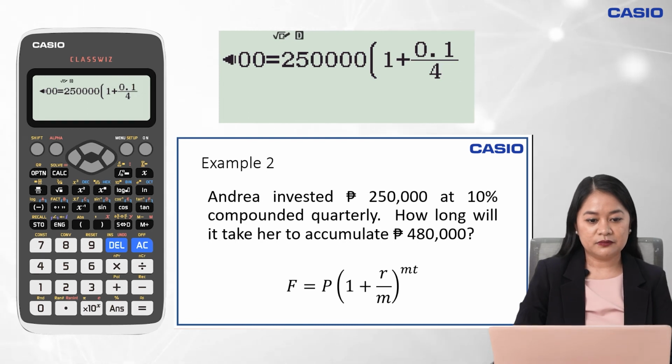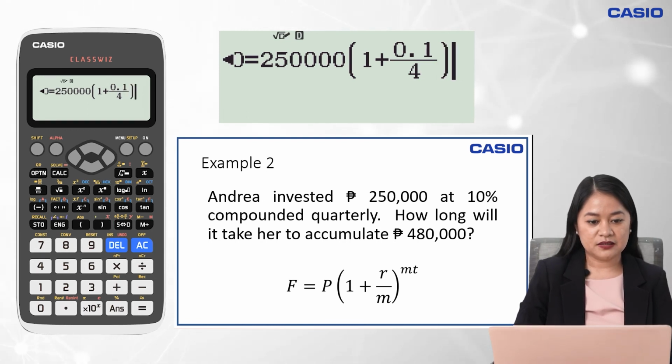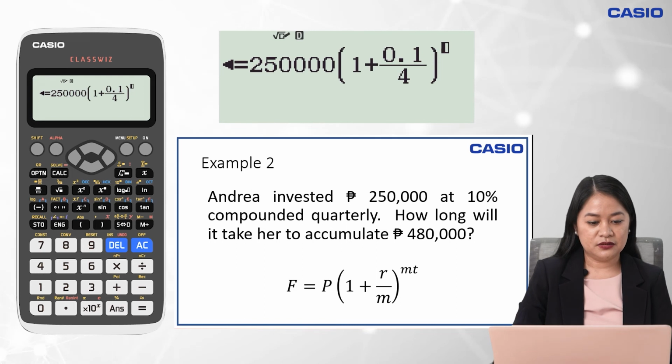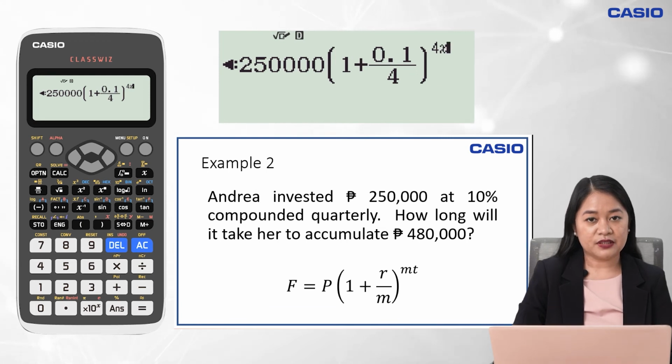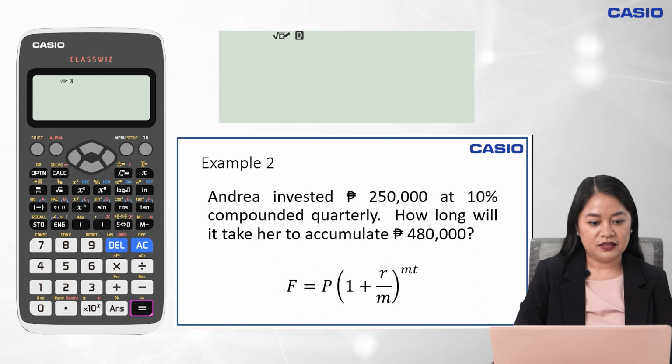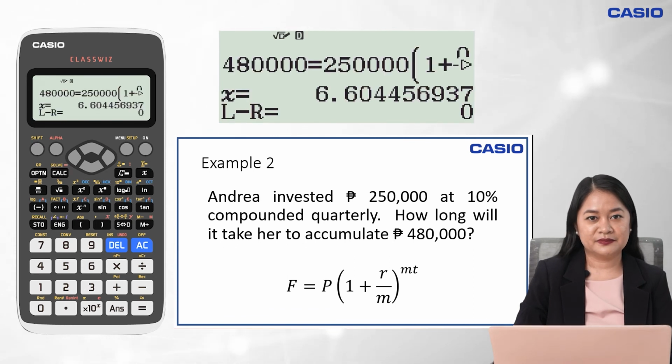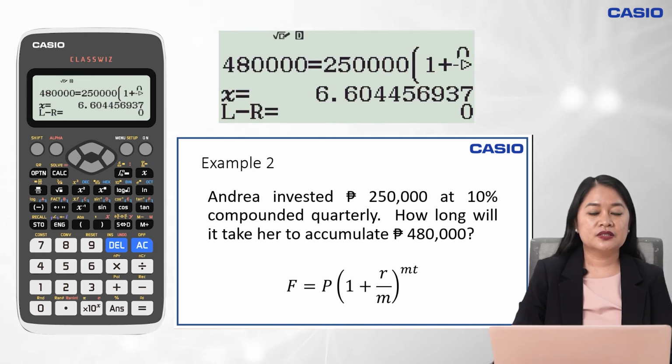Right arrow key. Close parentheses. Exponent key. 4. And then again, we represent the period of time as X. After this equation, we press Shift, Calc, and then equal sign. So it means that Andrea will take 6.6 years to accumulate 480,000 pesos from her investment.